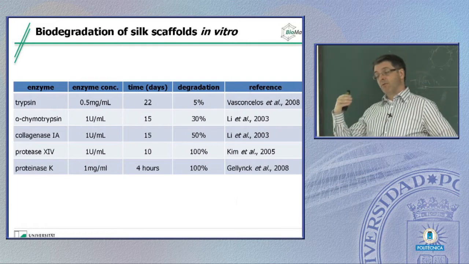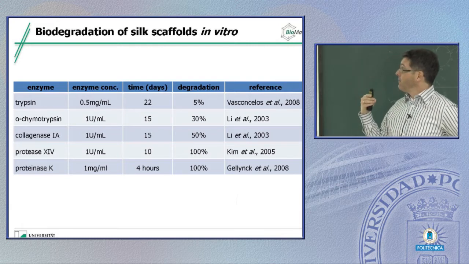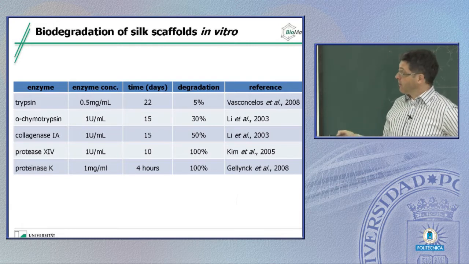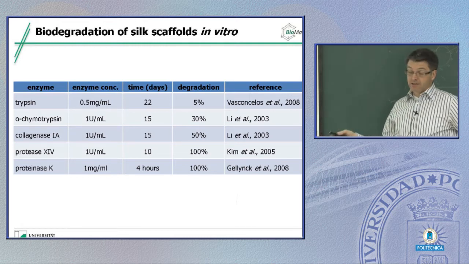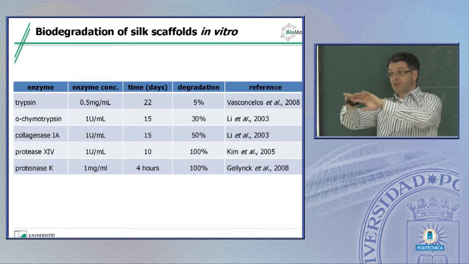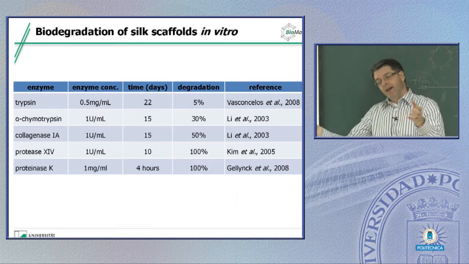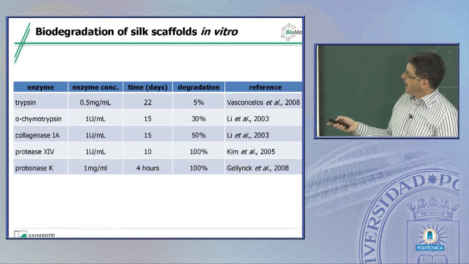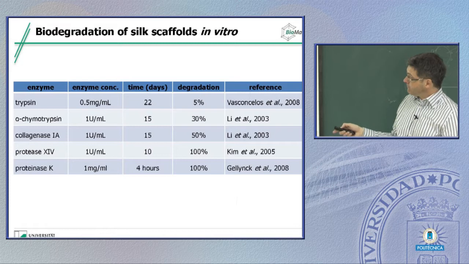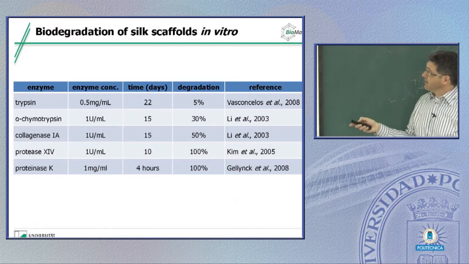Enzymes in wounds are very specific, and they probably degrade the scaffolds much slower. But proteinase K, for instance, was the one we used to dissolve the capsules to see if, in principle, we can digest the proteins.